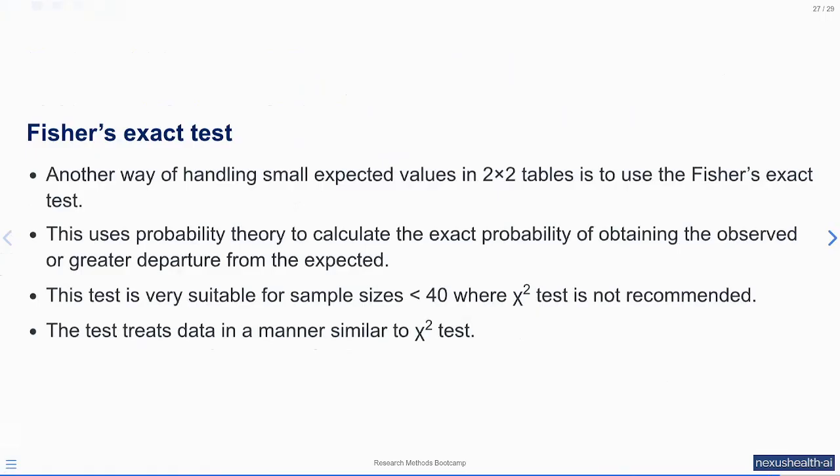The test treats data in a manner similar to the chi-square test. And so oftentimes when you do your statistical analysis, within the software output, you will find that it will produce a range of all these results in the report. So you're going to see the chi-square test, you're going to see the uncorrected chi-square test, the Yates corrected test, the Fisher exact test.